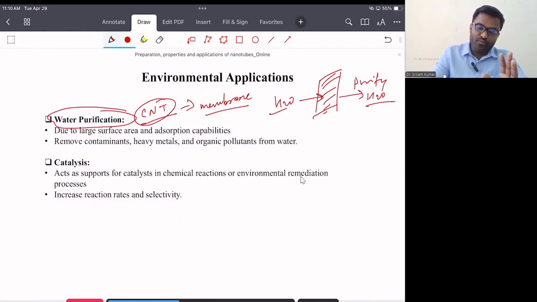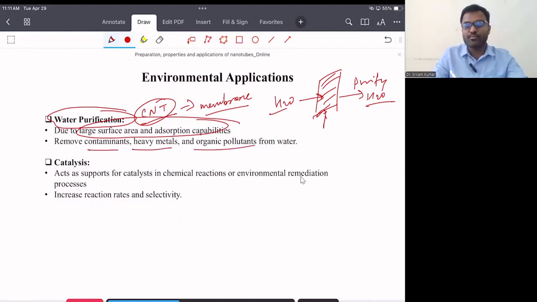We need to develop a purifying membrane here that can purify the water, and that CNT can remove the contaminants, maybe the heavy metals and maybe the organic pollutants.